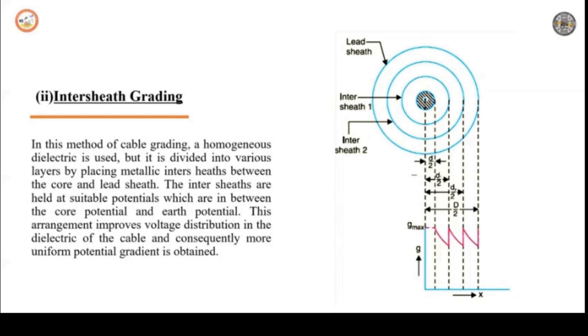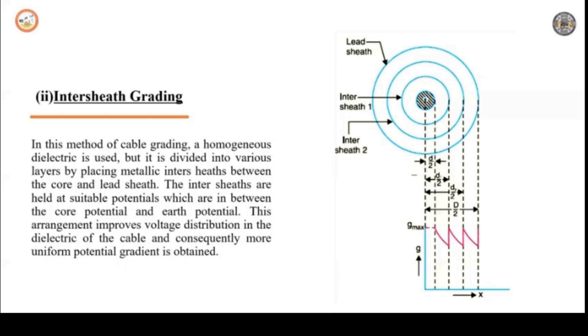Generally, lead is used for these sheets as it is flexible and corrosion resistant, but its mechanical strength is less. Aluminum also can be used. Aluminum is low weight and mechanically strong, but it is much costlier than lead.